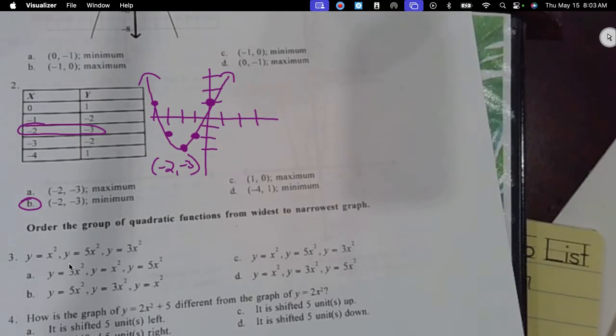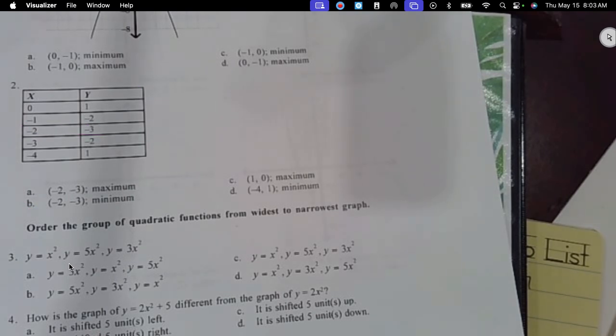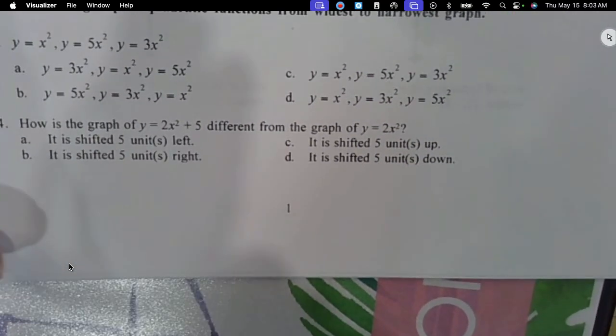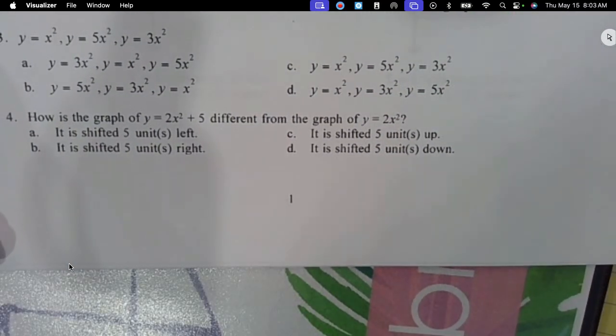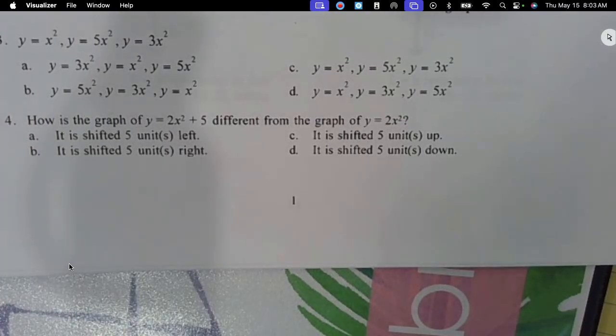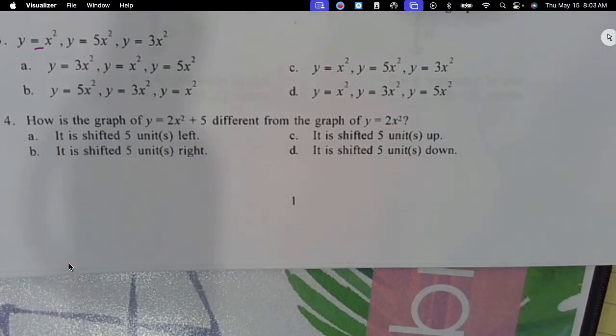All right, now I'm going to erase. I wish I would have charged my calculator because I can use it. Order the group of these functions from widest to narrowest, okay? Just so you know, the bigger the number gets, the bigger the slope.